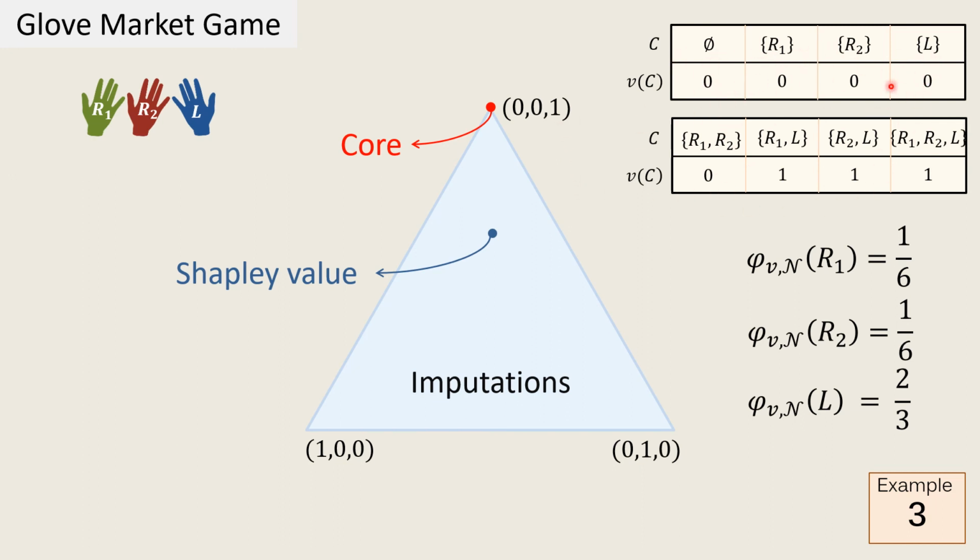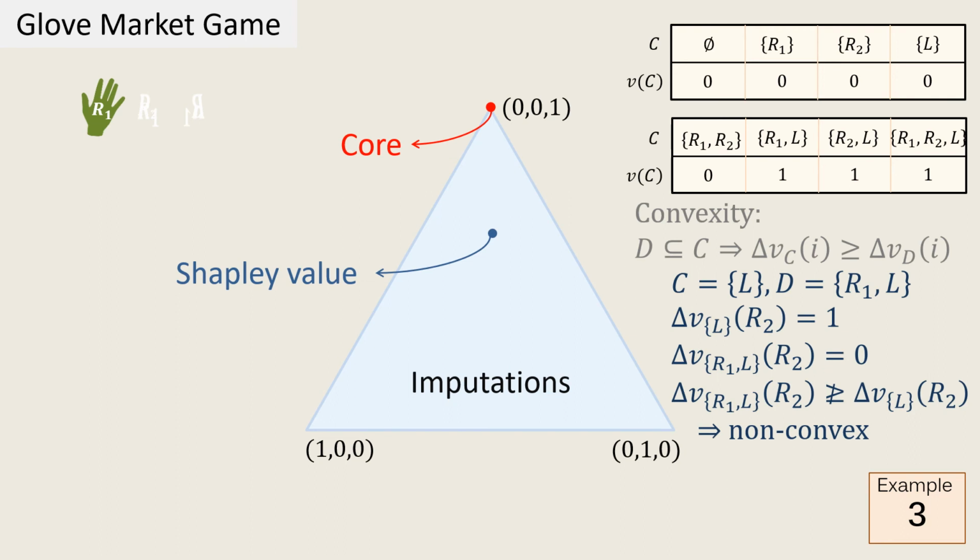And so the Shapley value is an imputation. However, this is not a convex game. It might not have a core in general, but in this particular example, the glove market game, we do have this point as the core, but the Shapley value is not in the core. That's because this is not a convex game.